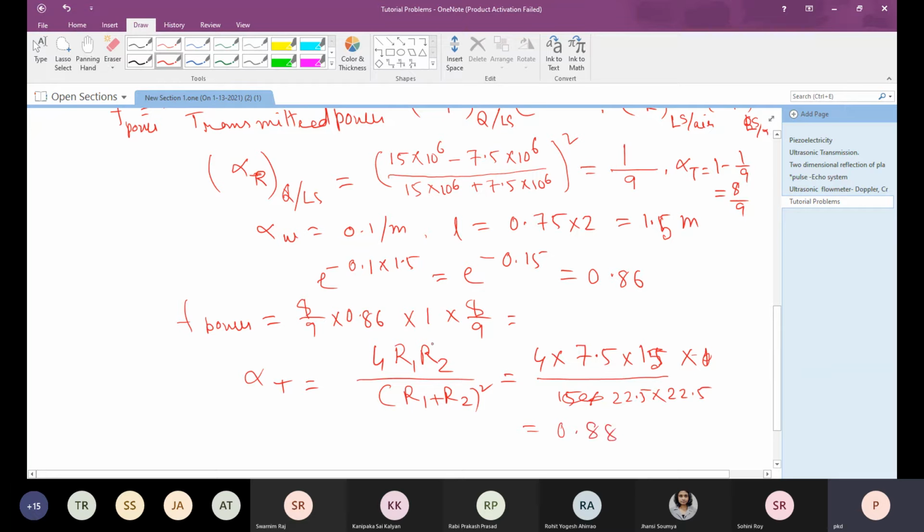So this is the alpha t. So 8 by 9 is how much? Yes, 0.88. All right.